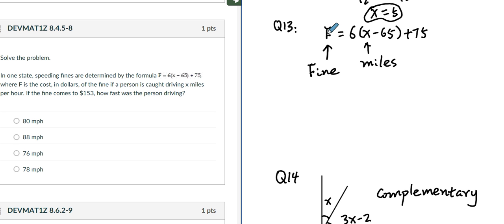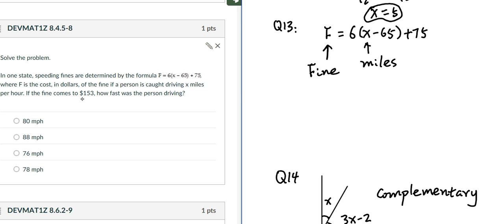Here we have where f is the cost. So that means f here is the fine. And then if a person is caught driving x miles, so here x stands for the speed per hour.